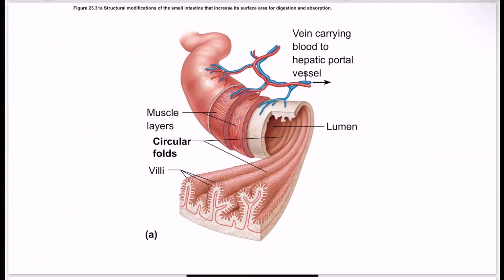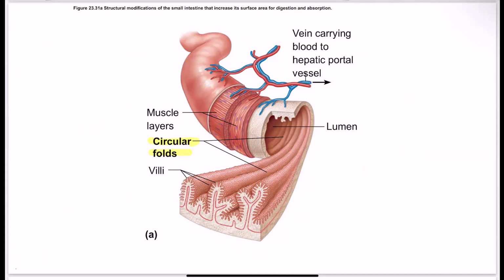The first thing to note is that the small intestine, like I said, is a great absorber of nutrients. So having more ways to absorb better is the name of the game, and there are a few major ways this happens. Looking here, all of these rings made inside are circular folds. Circular folds is a new word, so I'm highlighting it.